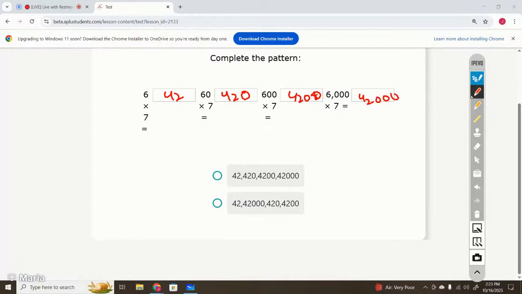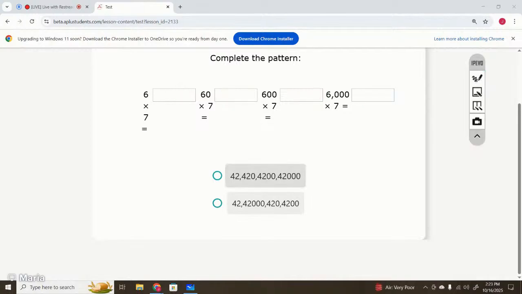So the correct option is option number 1. Option number 1 is the correct option: 40, 120, 42,000.